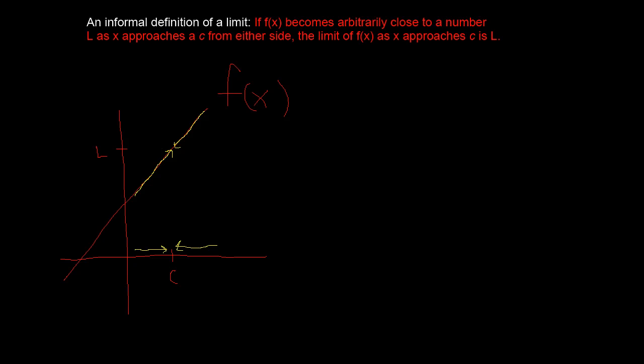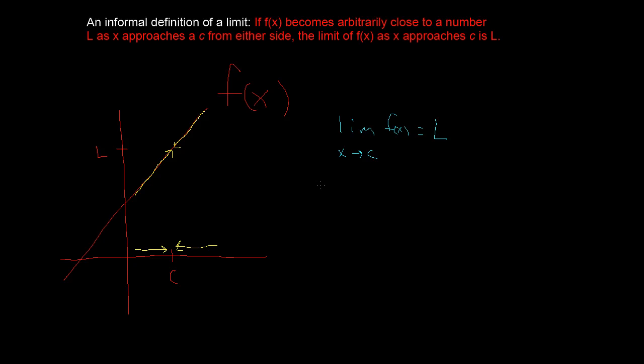Okay, so what we can do then is write the limit as x approaches c of f of x equals L. So this is the notation that you should get familiar with, and I want to make a couple of points here.